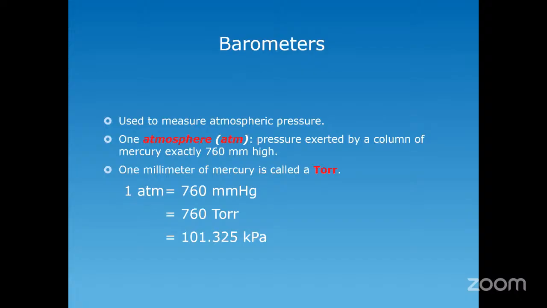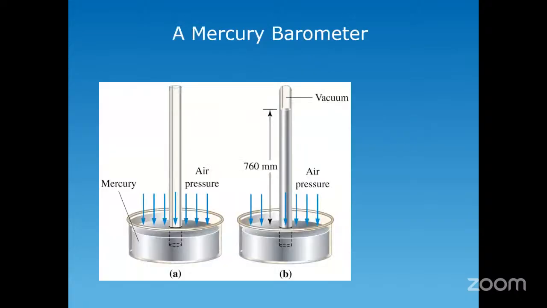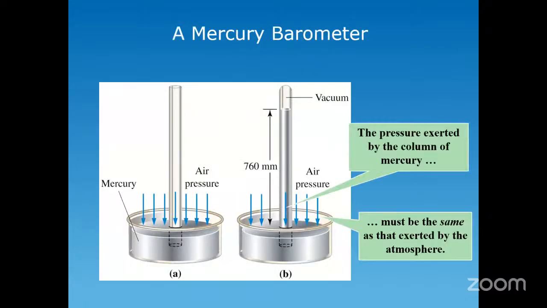So let's talk about the instrument itself. I want you to look at this diagram here. To the left, we have a trough with mercury in it, and inserted in the mercury is a tube where this end is open. So what's going to happen is that the atmospheric pressure will act on the surface of the mercury outside of the tube, but also because this is open, the atmospheric pressure will act on the surface of the mercury inside the tube.